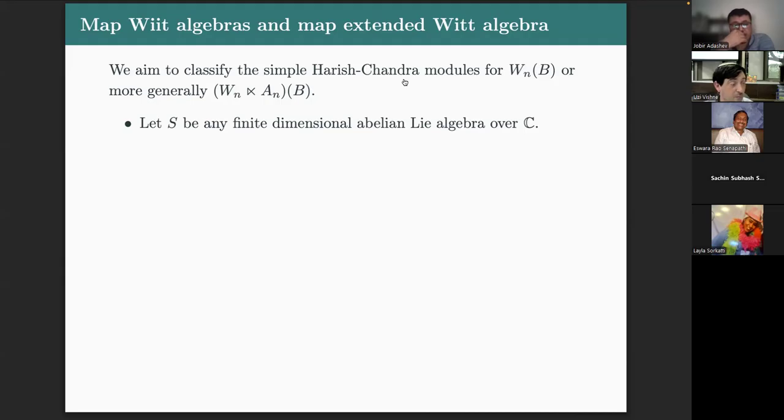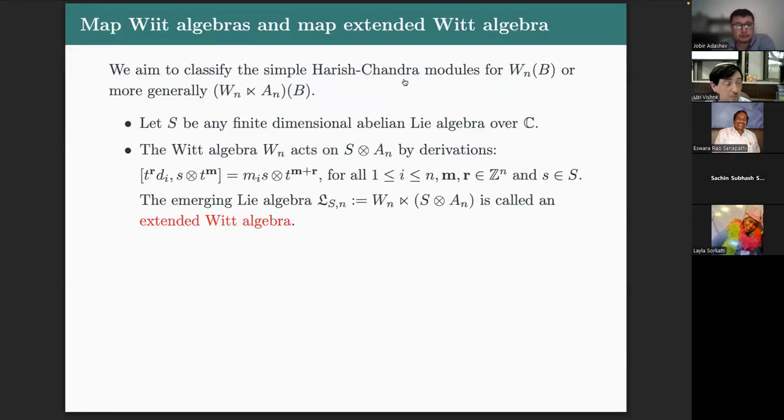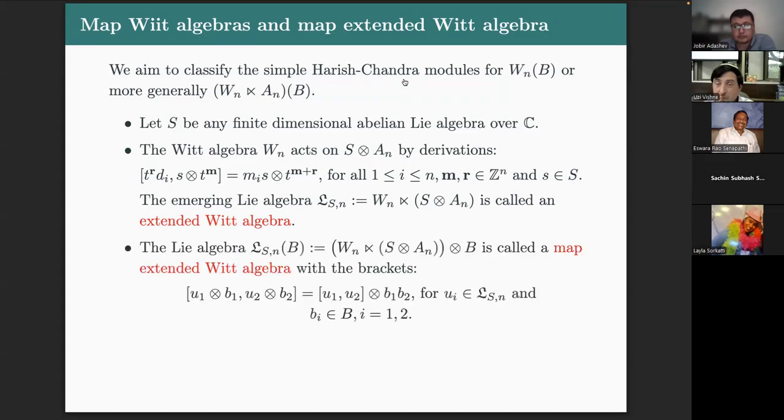So we take a finite dimensional abelian Lie algebra and consider the extended Witt algebras, where you have this bracket operation. The aim is to study the Harish-Chandra modules for those.